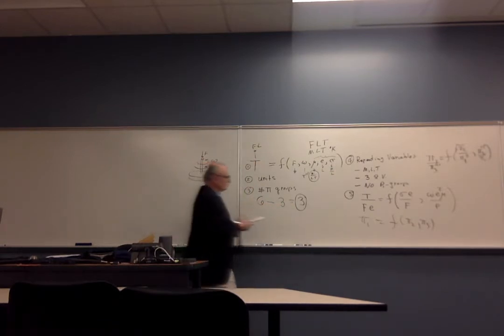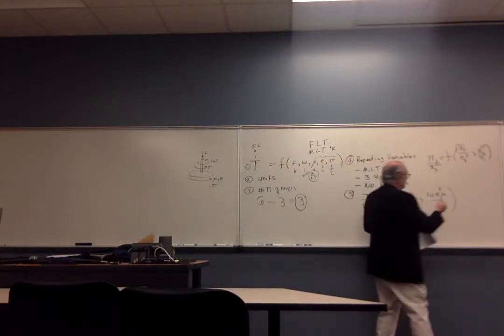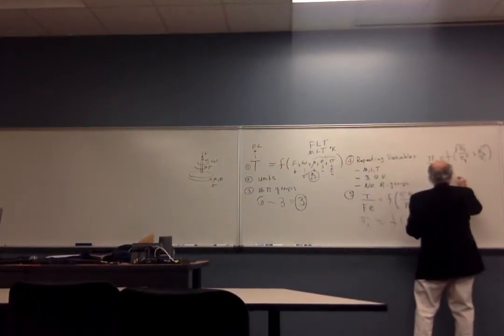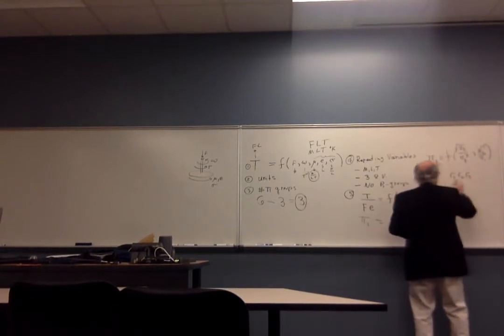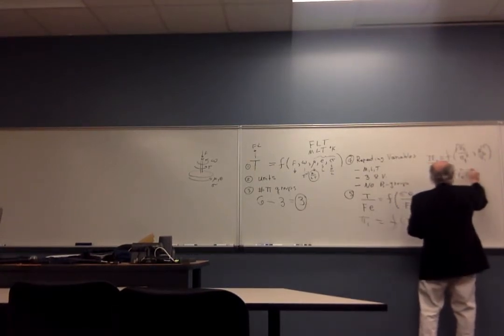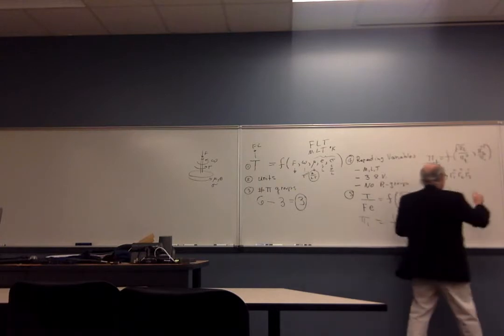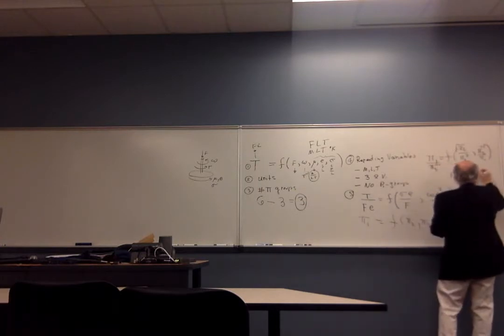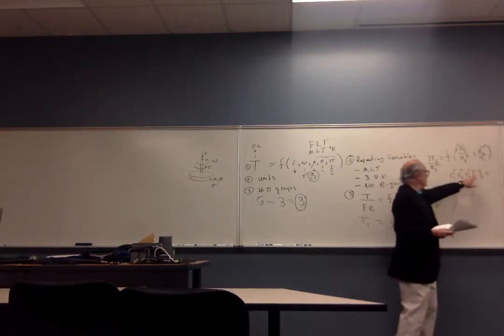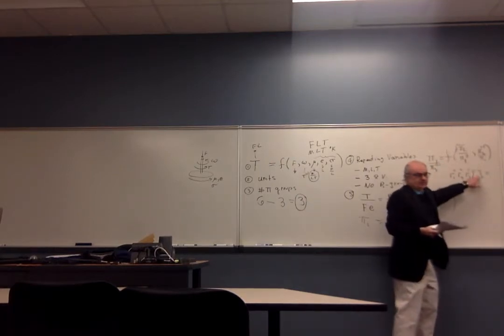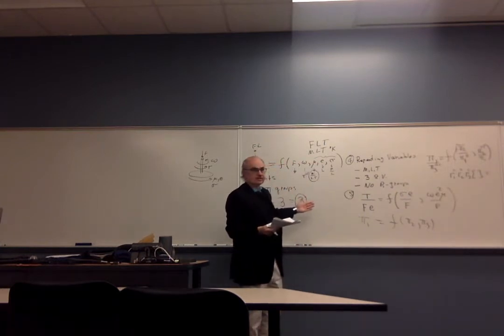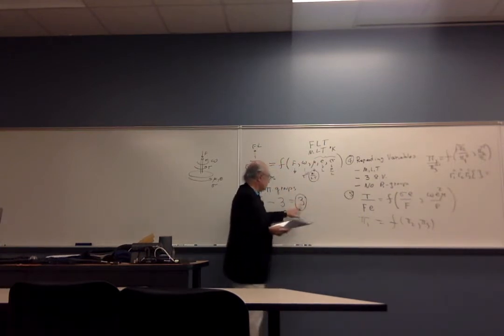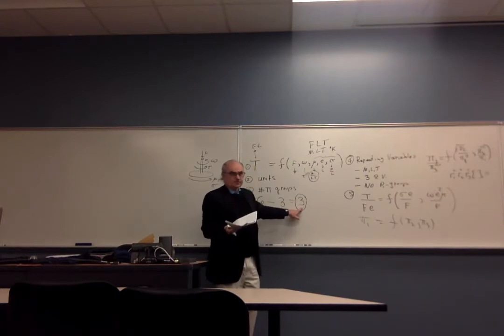Remember what the repeating variables are doing for you. Here's repeating variable 1, repeating variable 2, repeating variable 3. You're going to raise them to the A, B, C power. Now they're going to multiply against something, and the something is whatever's left over. In this case, there are only 3 left over, so there are only 3 pi groups.